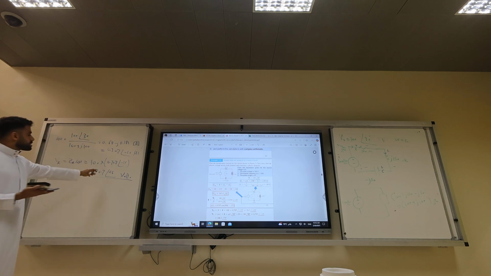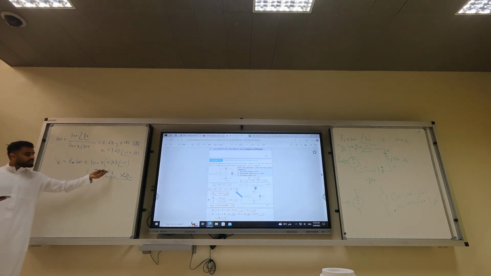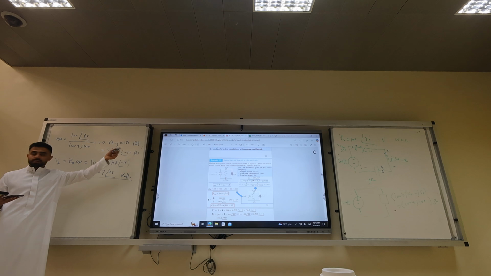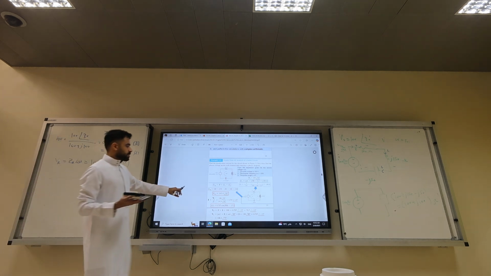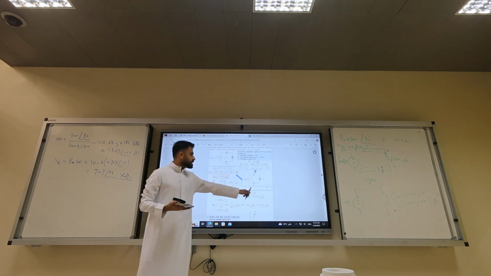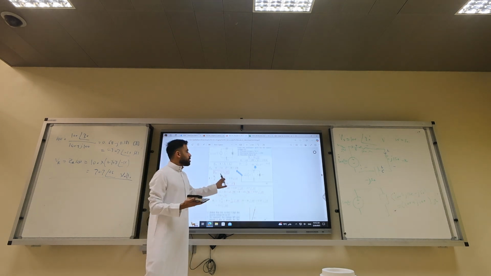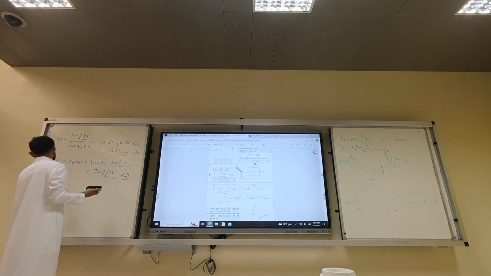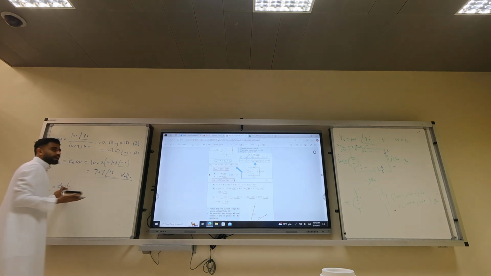So the voltage across the resistor actually has an angle of minus 15, the same angle as the current. It's 70.7 angle minus 15. What is the voltage across the inductor? It is Z sub L times I, or you can call it I of t.